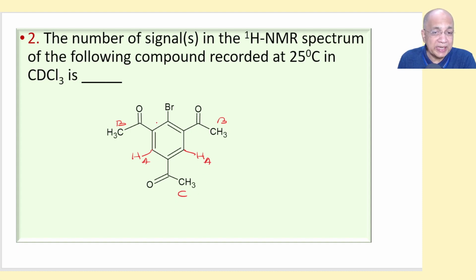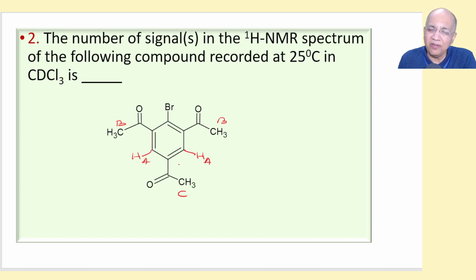And this will be a 6 proton singlet at the most downfield region, maybe more than 3 because it is close to bromine. This will be 2.5 or 2.6 because it is farther away from bromine, between 2 to 3. And this will be in the aromatic region from 7 to 8.